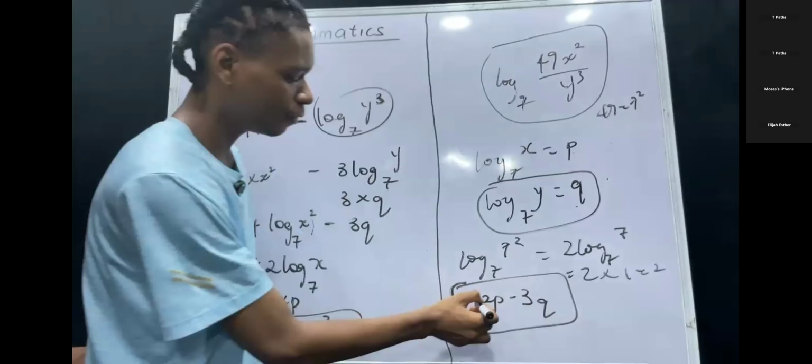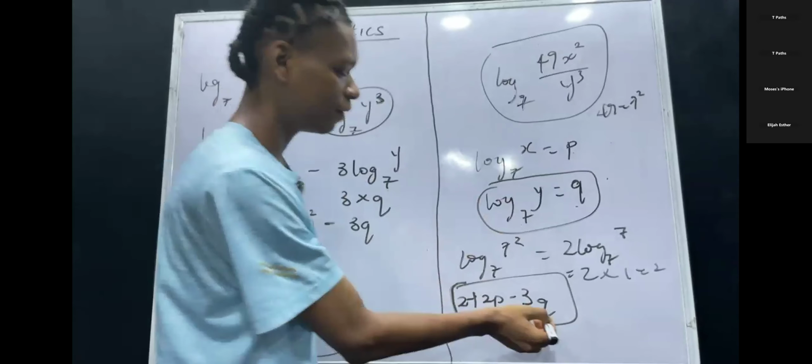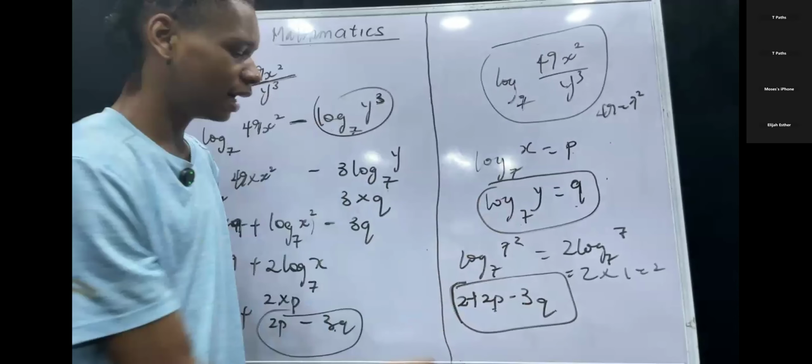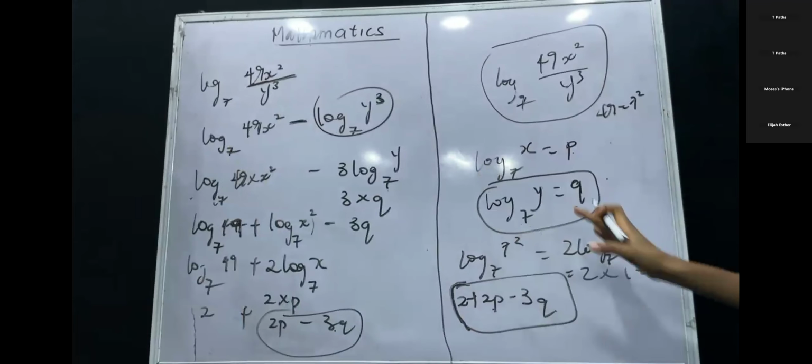So from there, I simplified one after the other. I simplified individually. Log y cubed to base 7 was simplified using this process to get 3q. And I did the same thing with log x squared to base 7. I simplified it to get 2p. And then the same process for log 49 to base 7 to get 2.